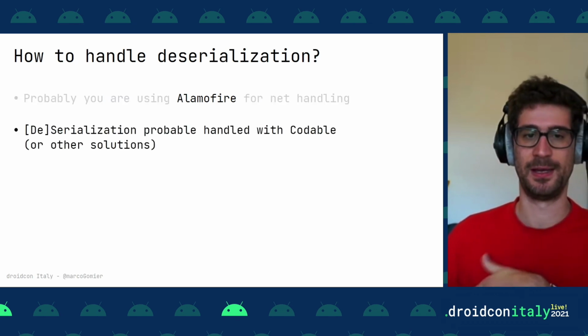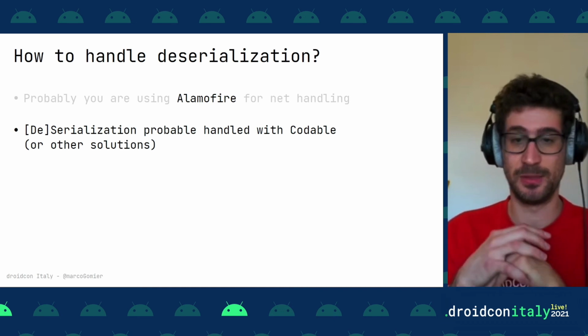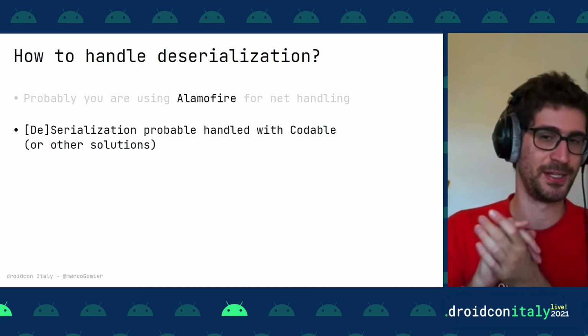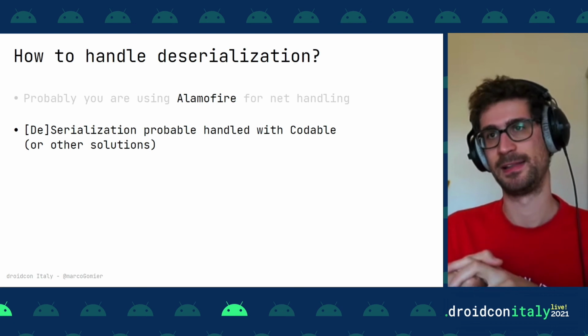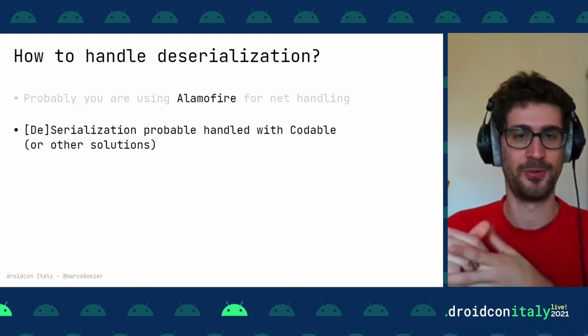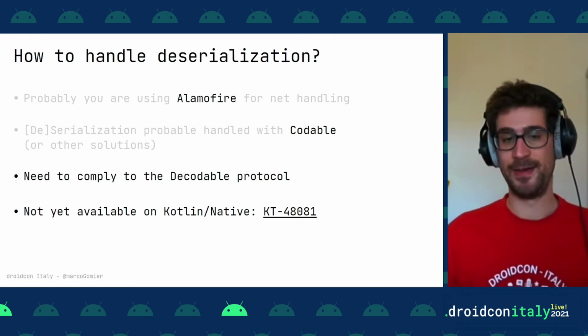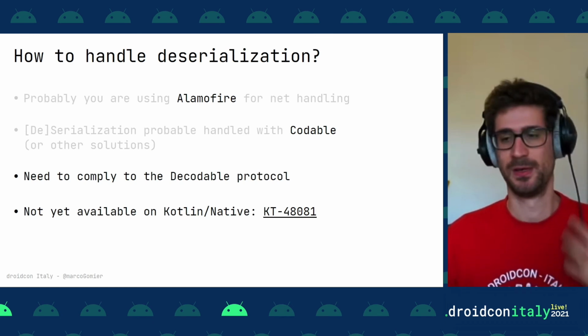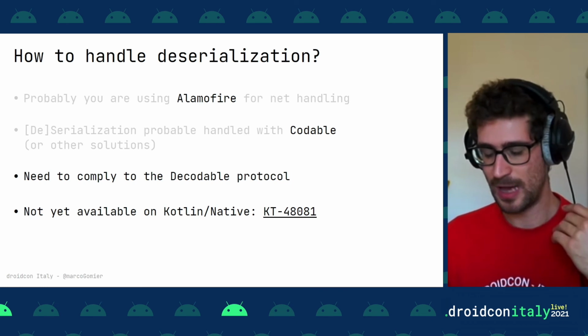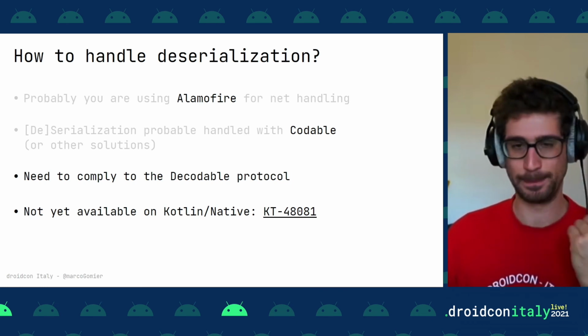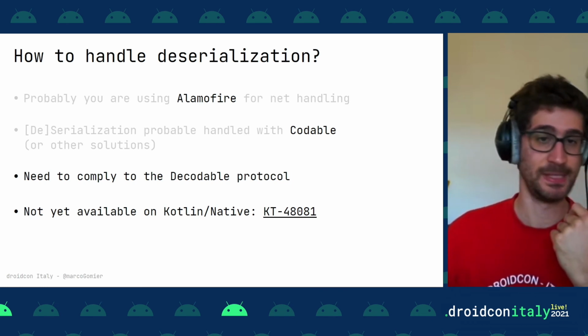But for the deserialization, probably you're using Codable, which is an Apple solution for doing that. And unfortunately, Codable is not available yet on Kotlin Native. So what you have to do is some custom thing.